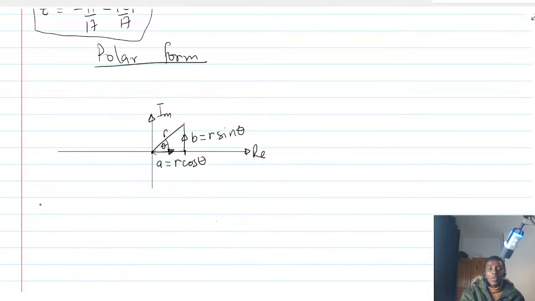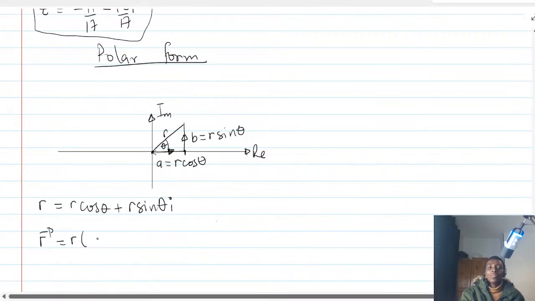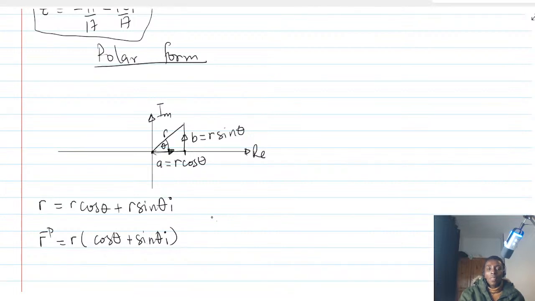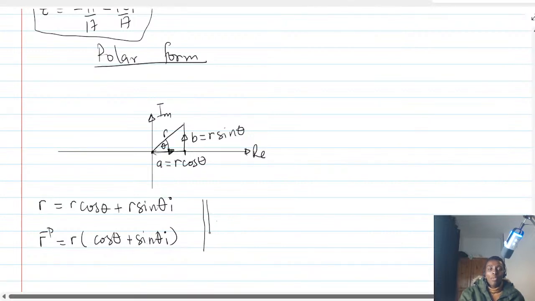So this can be rewritten as R equals R cos theta plus R sine theta I. In other words, we can rewrite R as cos theta plus sine theta I. Okay, so this is actually the polar form.